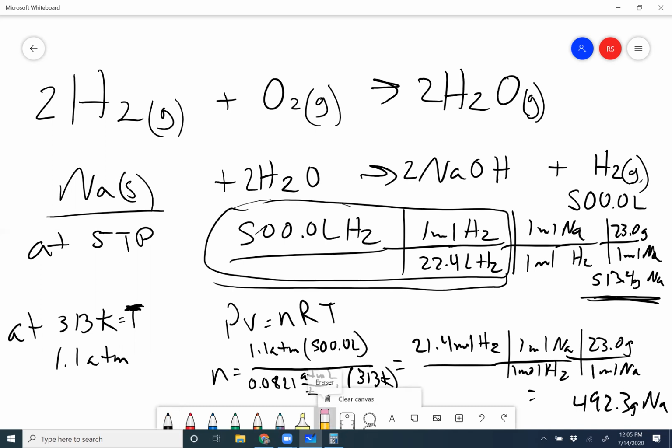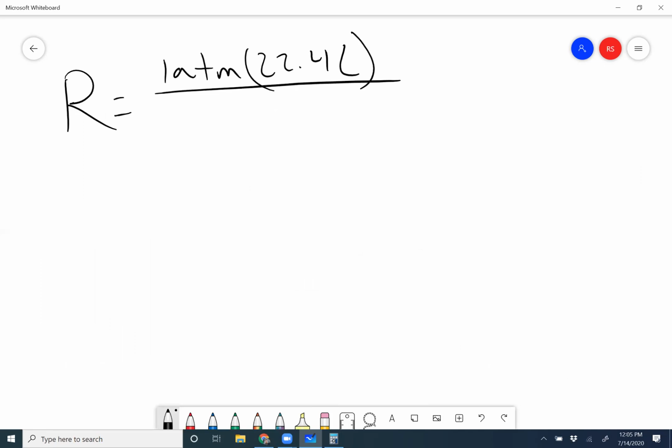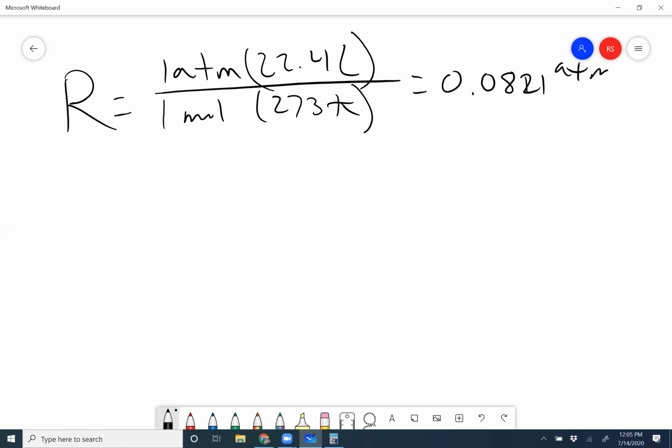There was another thing I wanted to show you. Remember, R is equal to 1 atm times 22.4 liters, all over 1 mole, and then we multiply that by 273 Kelvin. If that's R, well, then aren't there multiple pressure measurements that we can use?